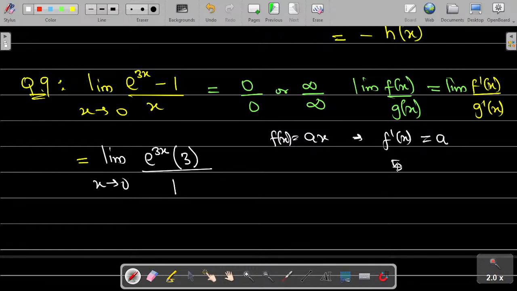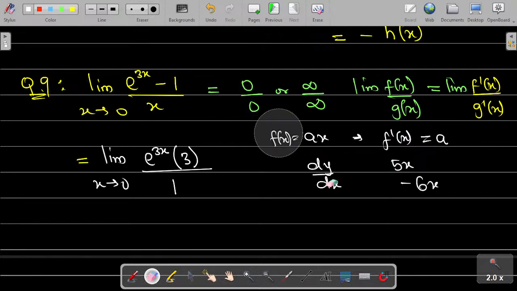So if I differentiate 5x, I will get 5. If I differentiate minus 6x, remember with respect to x, then I will get minus 6. This is how we write it, derivative of y with respect to x. So if I differentiate this with respect to x, I'll get 5. If I differentiate this with respect to x, I'll get minus 6, and so on and so forth.